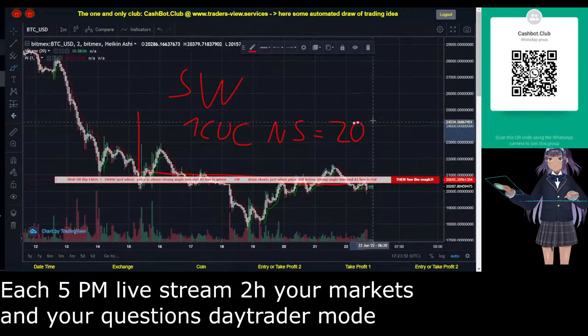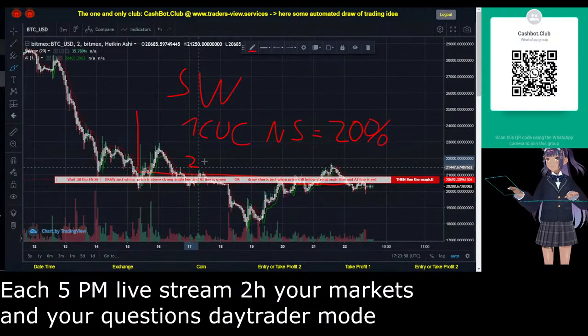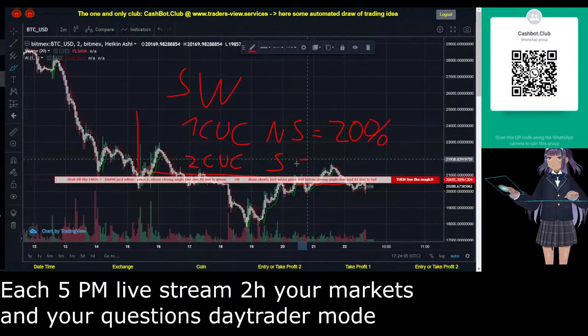And the second CUC is here static and has 8%.